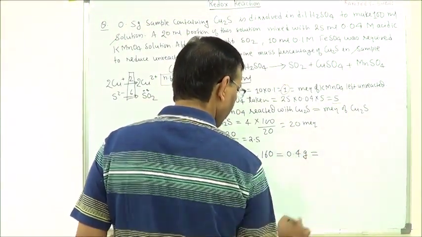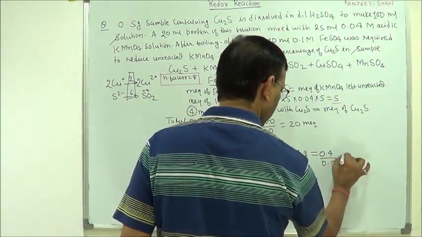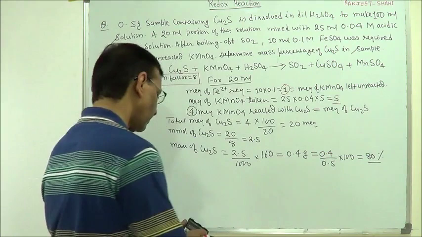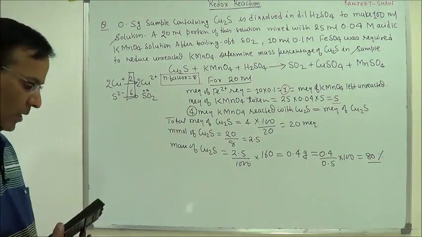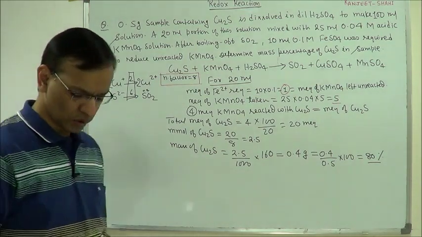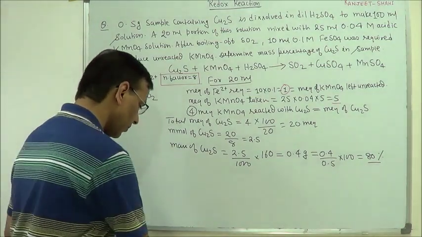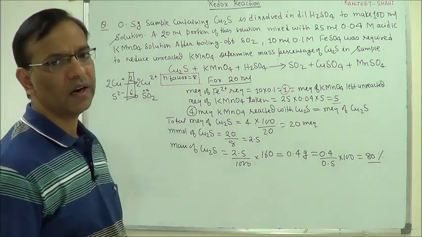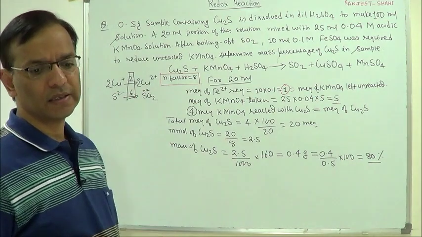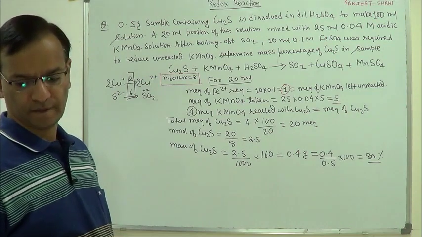And if we convert it into percentage, it will be 0.4 upon 0.5 into 100, so 80%. So the original sample contained 80% of cuprous sulfide. So in this way, we have solved a problem of redox titration in which more than one element is oxidized simultaneously.